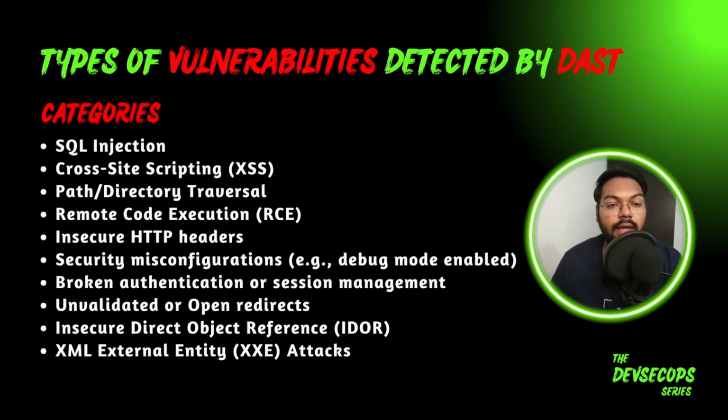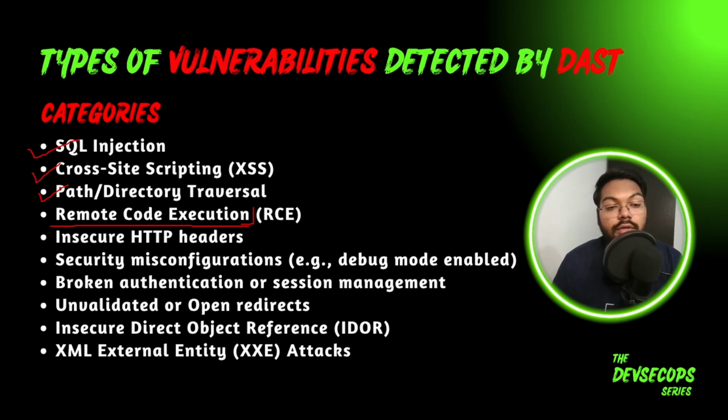So now what are the different types of vulnerabilities that we can see after DAST performs its analysis? First is SQL injection, then cross-site scripting, then directory or path traversal. Then if your application can perform remote code execution, where someone sitting somewhere injects some malware and tries to execute it, your application is not safe.